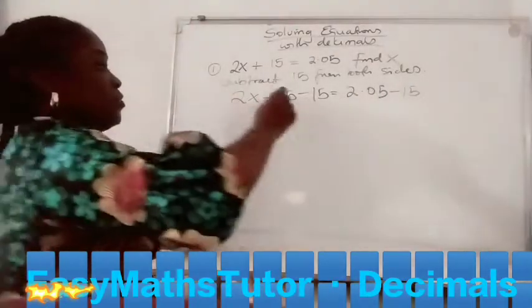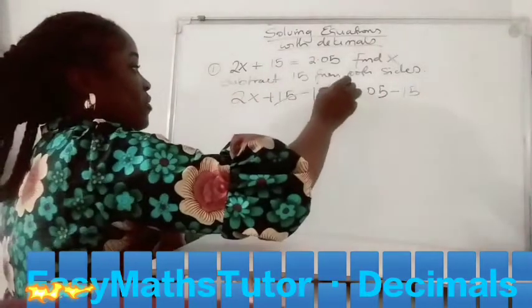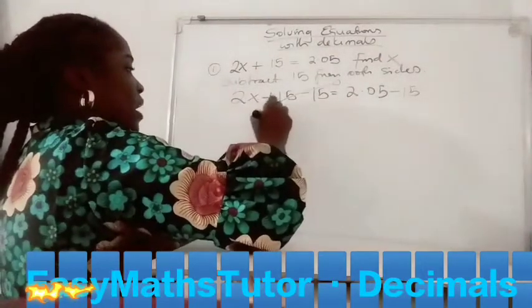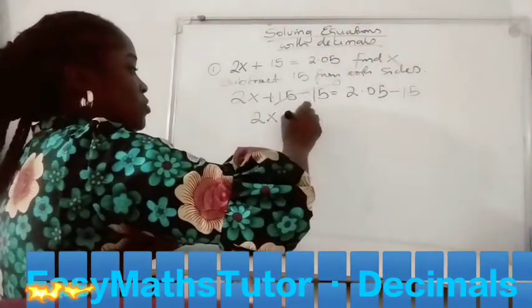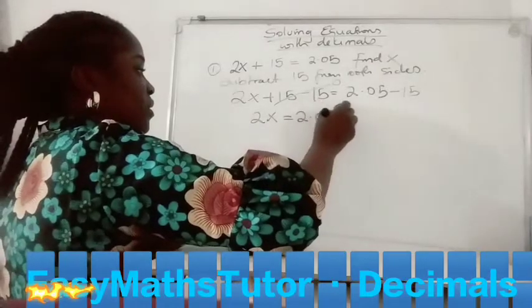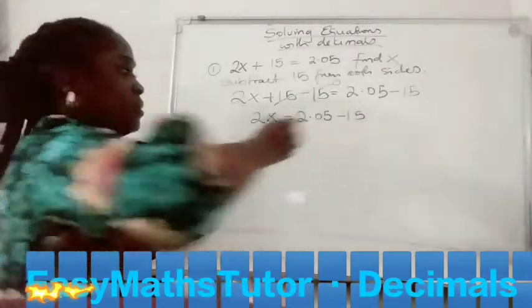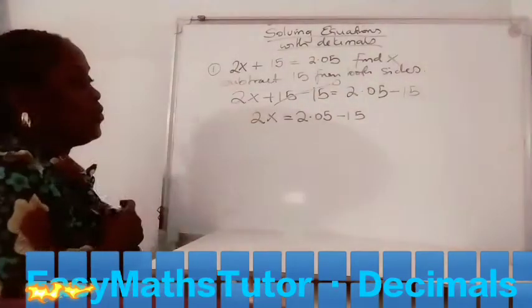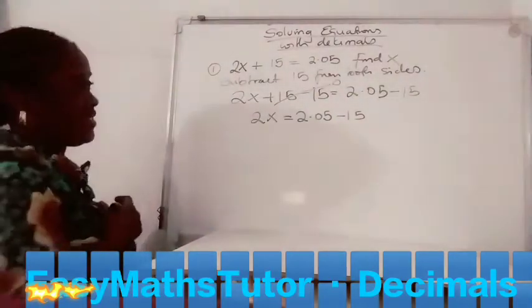As we all know, 15 minus 15 gives us 0. So we'll end up having 2x equal to 2.05 minus 15. So how do we subtract this?